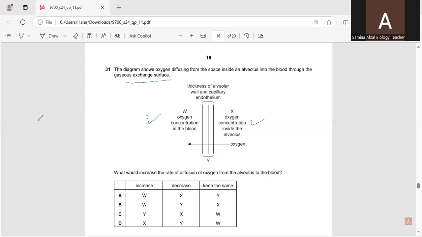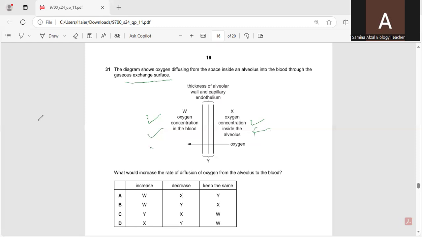So in the alveolus, the concentration of oxygen is high. So we are breathing and concentration is increasing in this way. So it is moving from its higher concentration towards the lower concentration, that means towards the blood capillary where oxygen is in lower concentration. So in the W, the concentration will be continuously supplied, so it will remain the same.